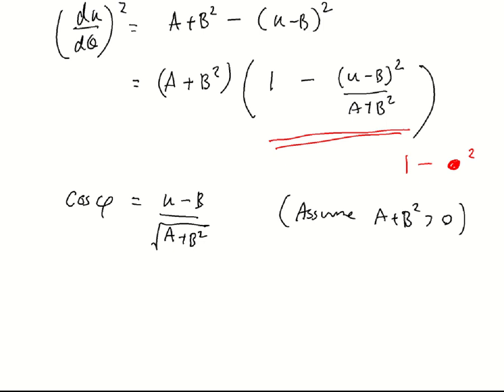If we do that, then let's take the derivative. The chain rule gives me minus sine phi times d phi by d theta equals, over here, 1 over root a plus b squared times du by d theta. Okay, so what have I now got?